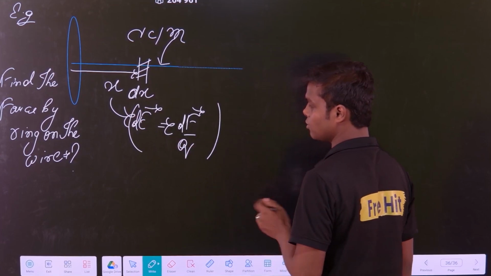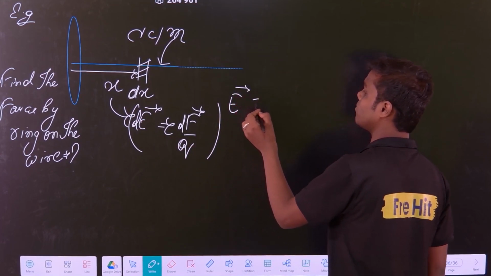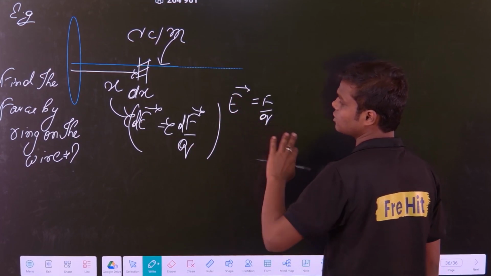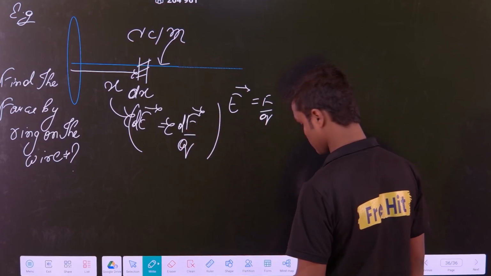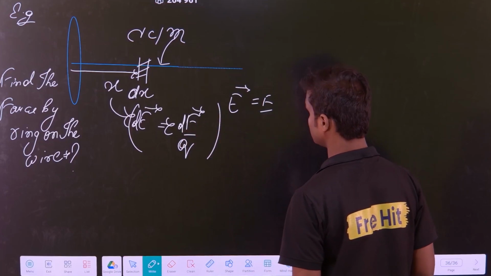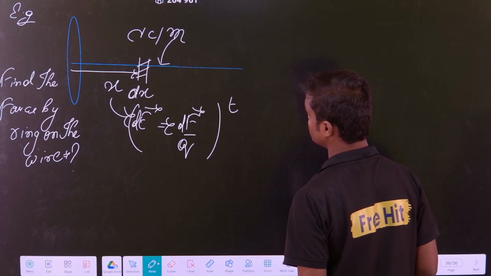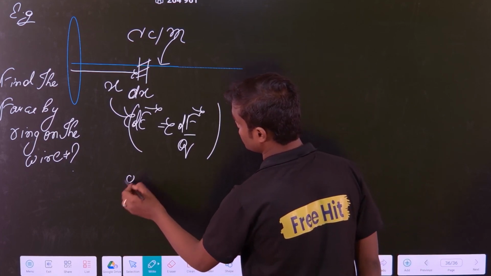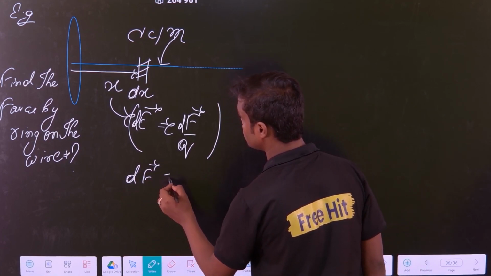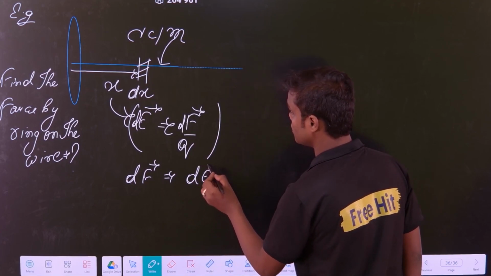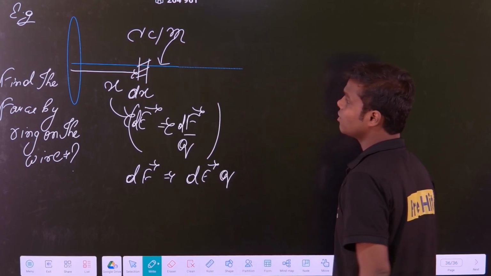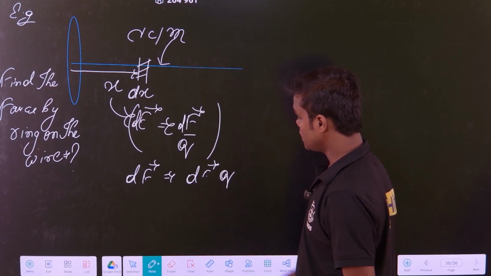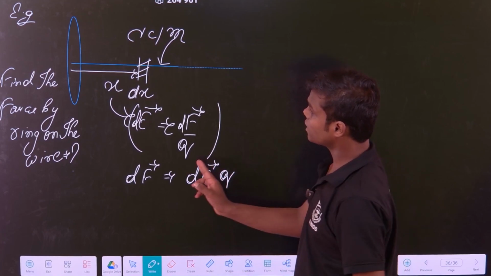This is the concept, because we know that E is equal to F by q. So for a small element we can write like this. And we can also write that my small force dF will be equal to dE into q. Now what is that dE? dE is the electric field due to the ring.